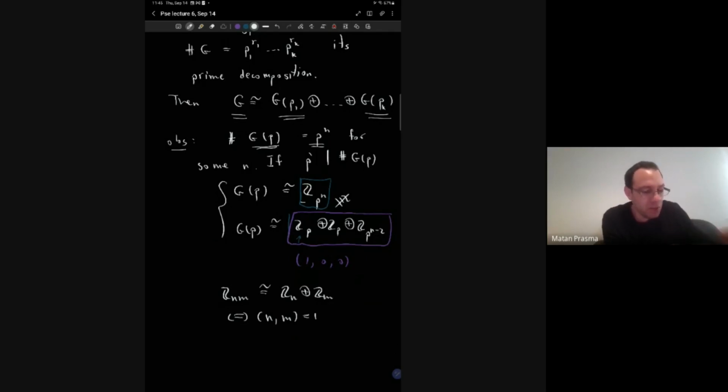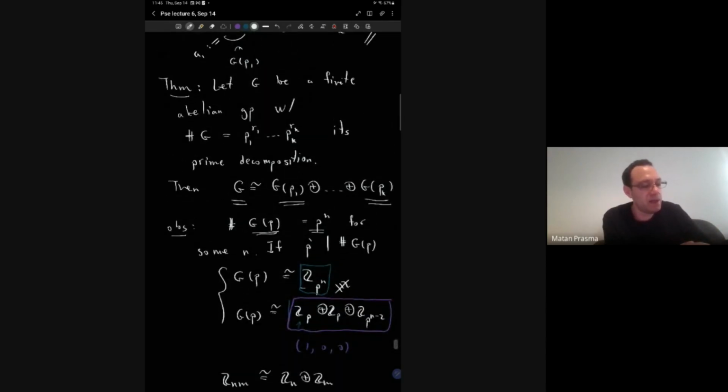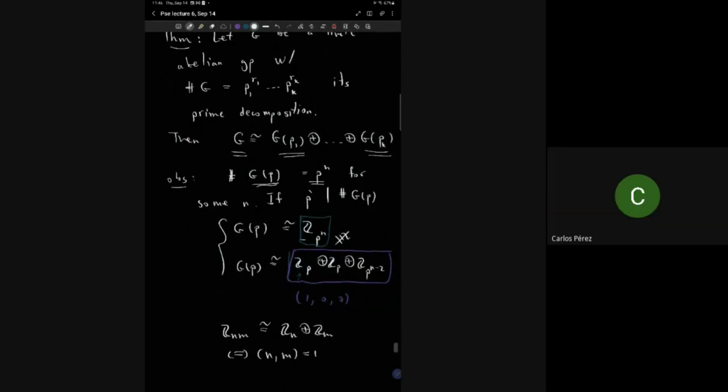So these two things are not going to be isomorphic. But what the theorem tells you is that whatever these primary p-groups are, you can always decompose G into the direct sum of its primary p-groups.